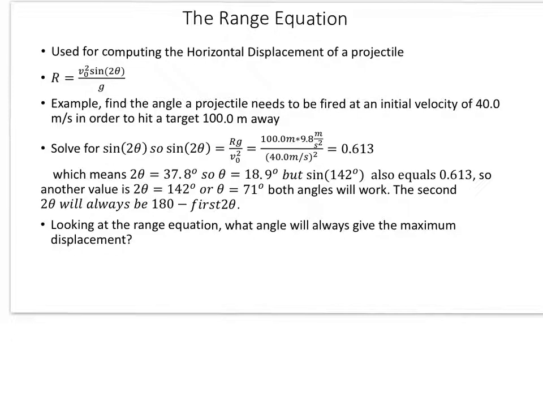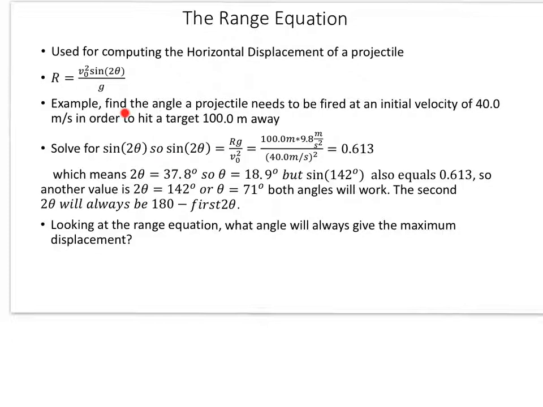Now, one thing about this formula: this initial velocity here is not a component. This is just whatever the initial velocity was of the projectile. Notice this is sine of 2 theta divided by g. I believe this is derived in your book.